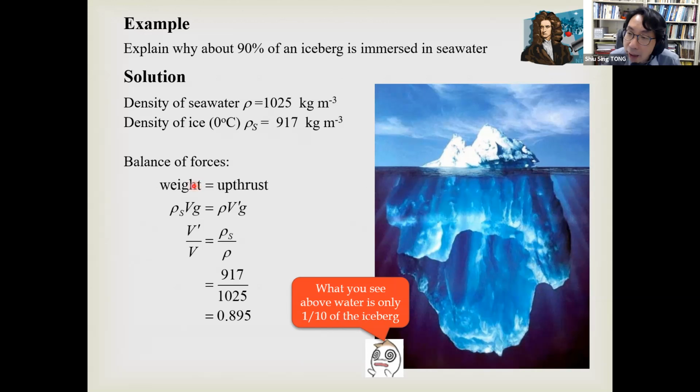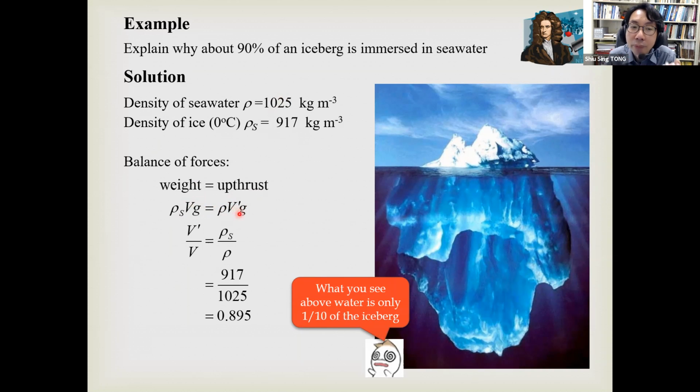Now, for the balancing force, the weight is equal to F first. The weight of the iceberg is equal to rho S V G, right? This is the volume of the whole iceberg. But the F first is equal to the density of water, that is seawater, multiplied by the volume of water displaced. That is the volume of iceberg immersed, okay?